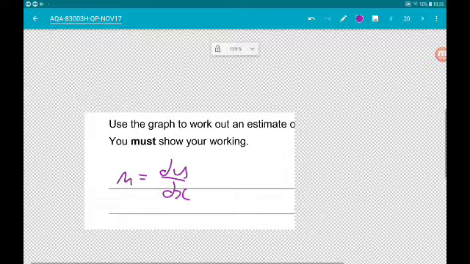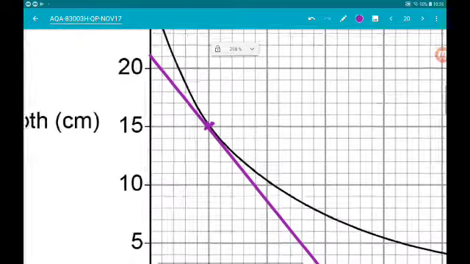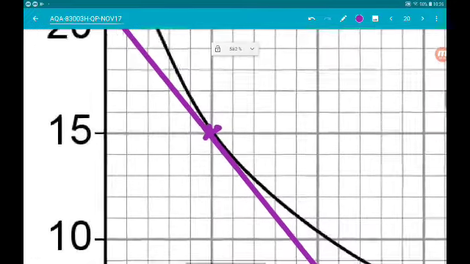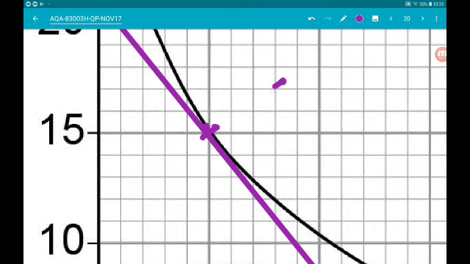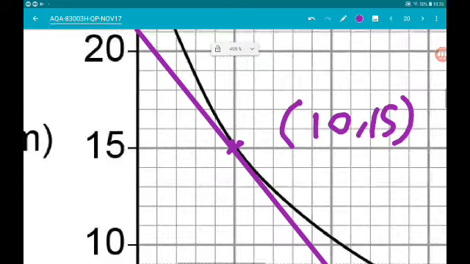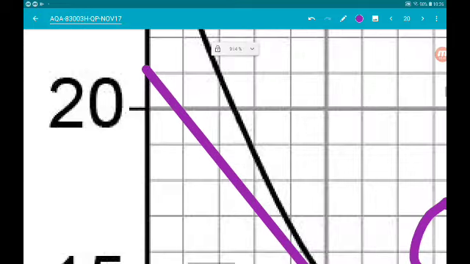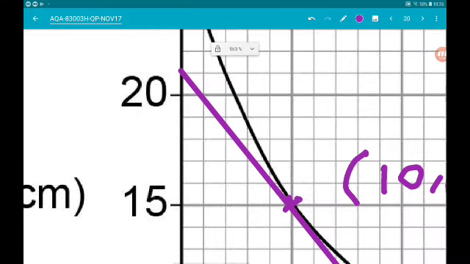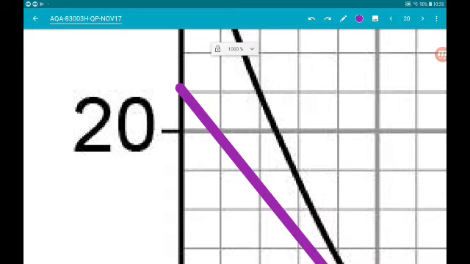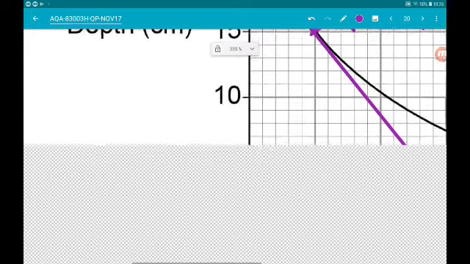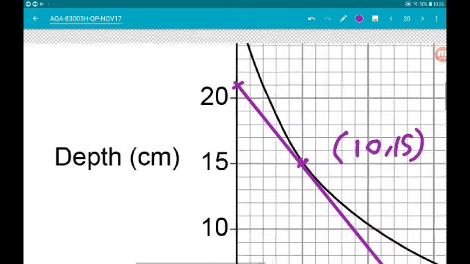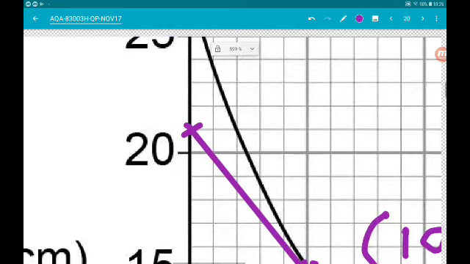So we need to find two nice sets of coordinates. So at 10 seconds, the coordinates are 10, 15, and then let's use this point here, which would be 0, and then about 21.